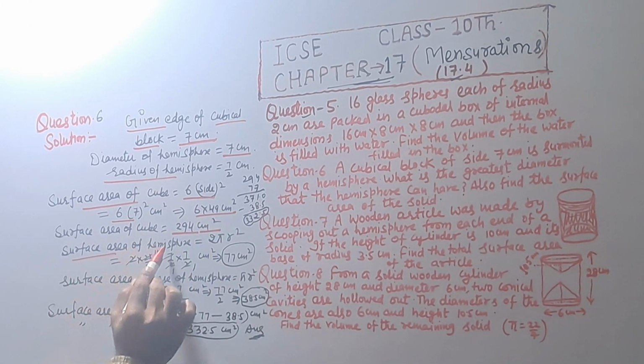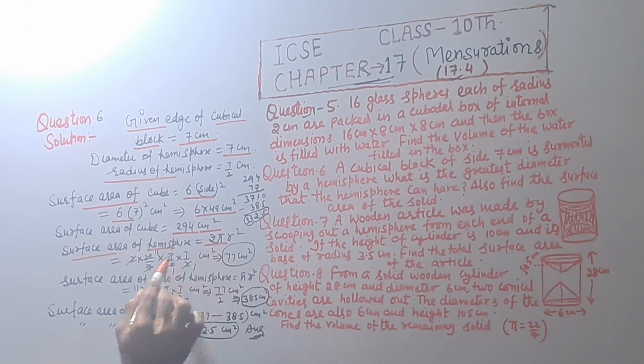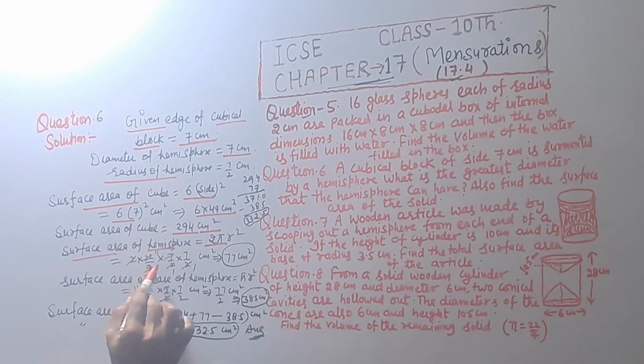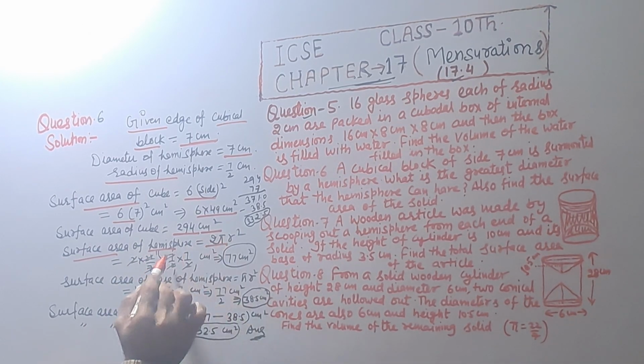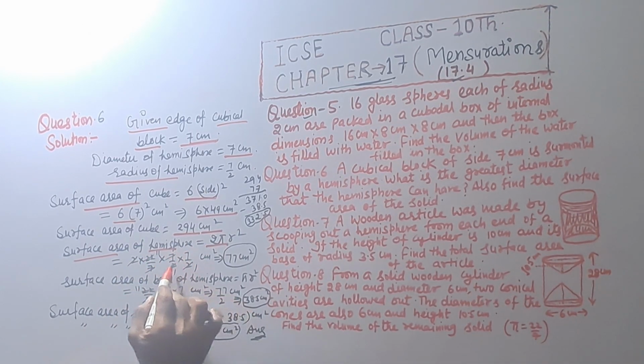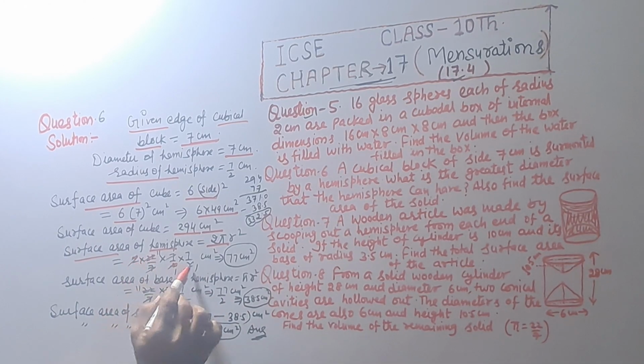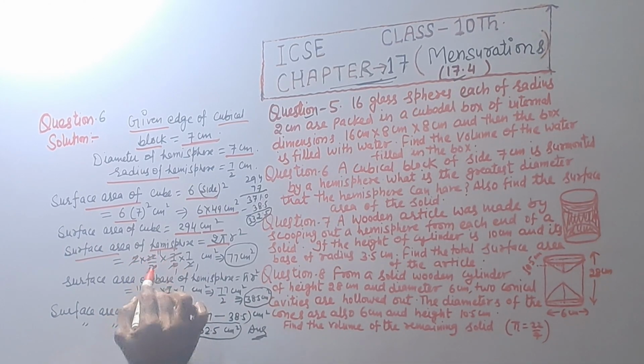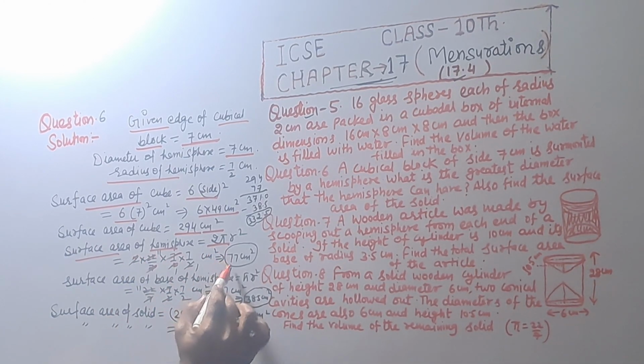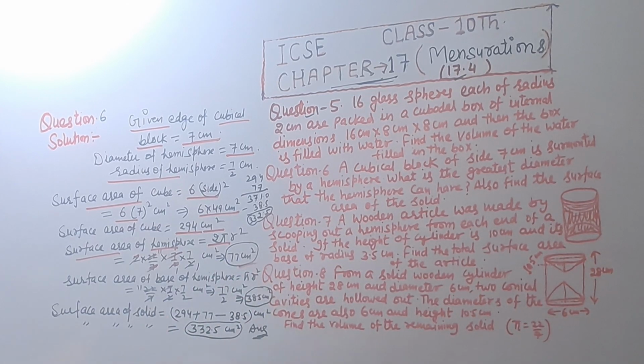And surface area of hemisphere is 2 pi r square, 2 into 22/7 into 7/2 into 7/2. This is cancelled, and 2 11s are 22, 7 7s cancel, and we get 77 centimeter square.